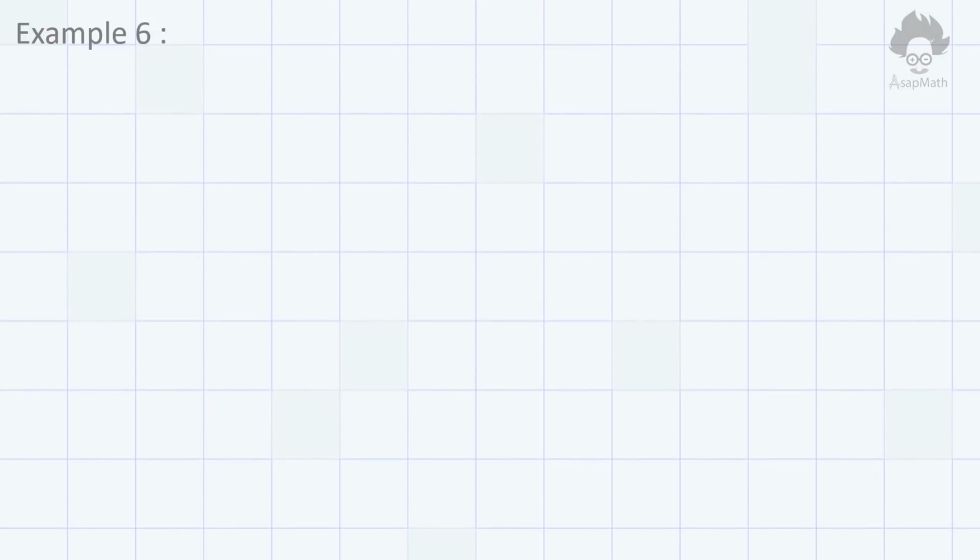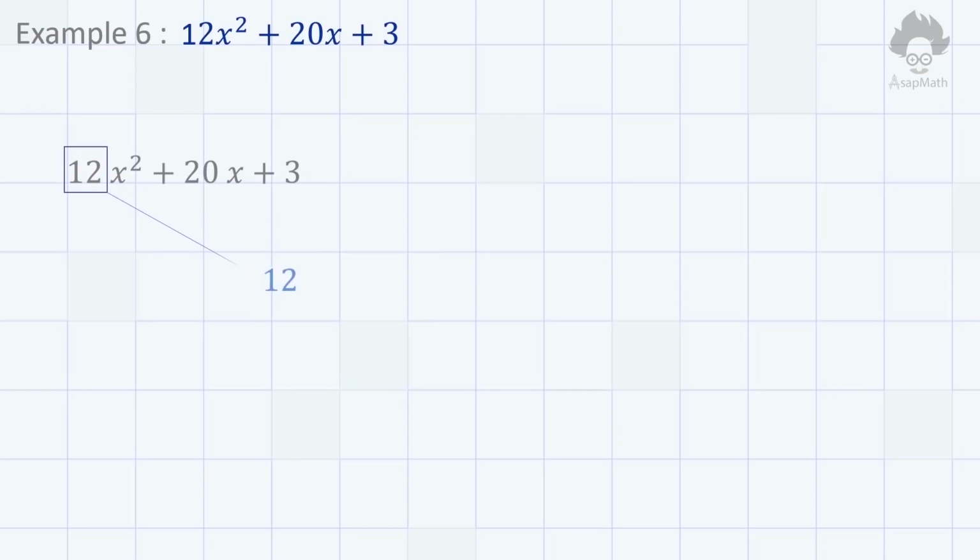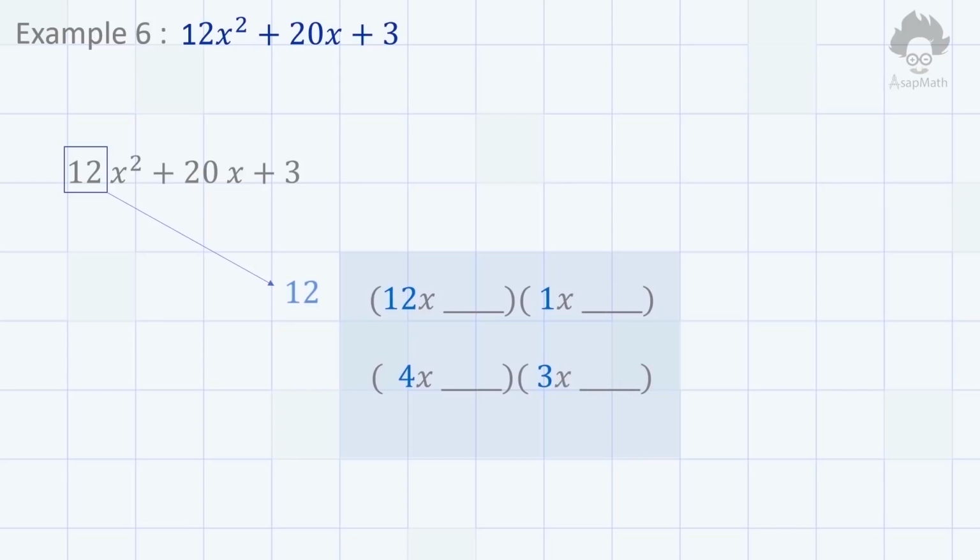Let's consider another example. This can be factorized in 3 different ways. From the 3 different ways, one method is much easier and the others are a little bit difficult.